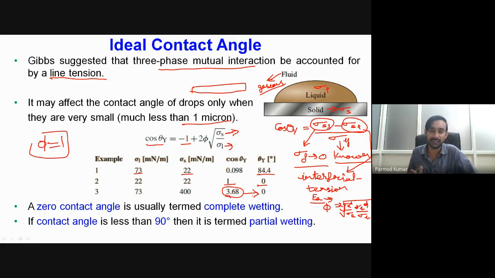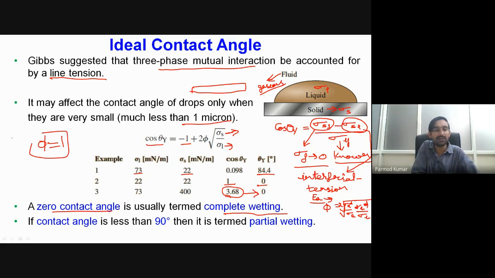So why this is assigned, I'll just explain to you. In the first example, we have the value of contact angle as 84.4 degrees. And in the second example, we have the value of contact angle as 0 degrees. A 0 degree contact angle is usually termed as the condition of complete wetting.